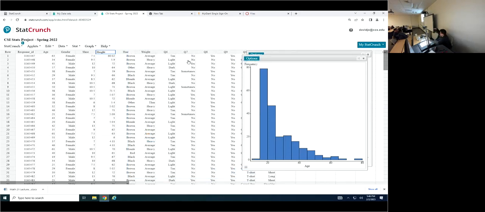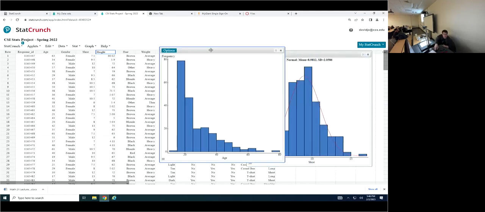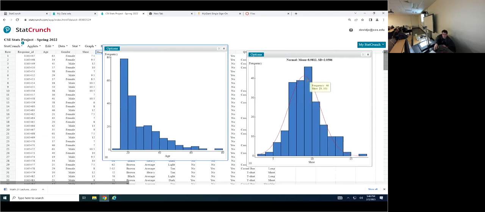So notice how there's a bunch on the left, but there's a lot going to the right. Whereas this one, the hump's in the middle and there's stuff to the left and right. The skewed ones, sure, there's some over here. That's the 14-year-old. But most of it's to the right. That's what's meant by skewed.